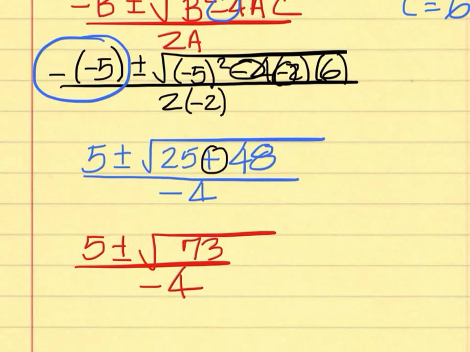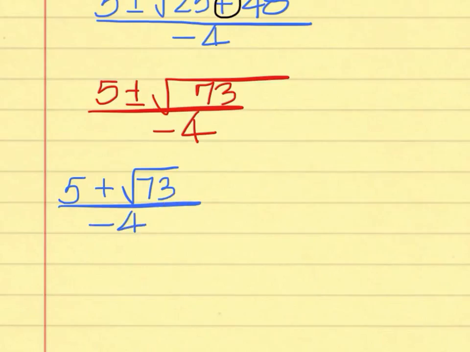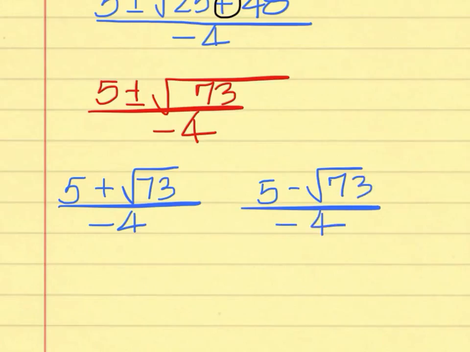No, it is not. So he gets a point. And since it's not perfect, then you're going to have to write it out as 5 plus the square root of 73 over negative 4 and 5 minus the square root of 73 over negative 4.